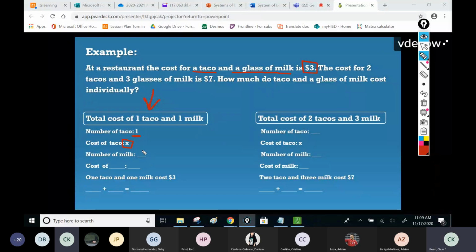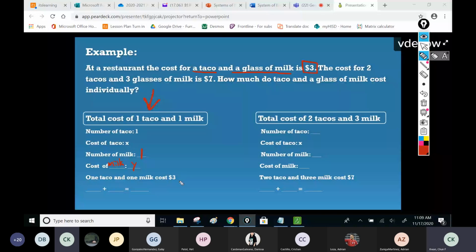And then you have exactly one glass of milk, and the cost of milk is something that you don't know, so we will set it up as the y. So you will have an x right here, and then you have a y. And then together, one milk and one taco, it costs $3.